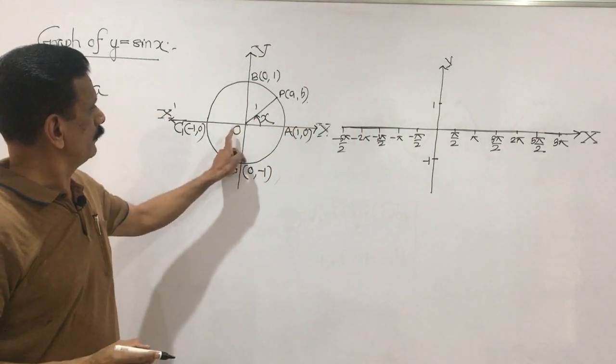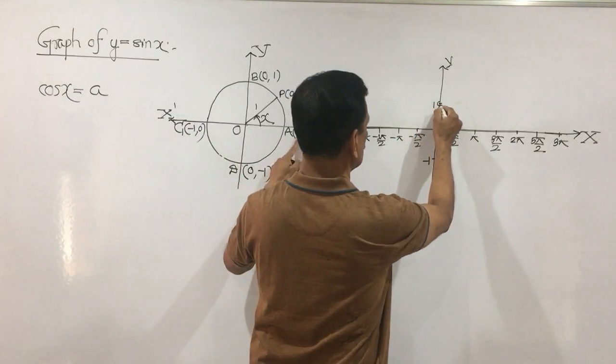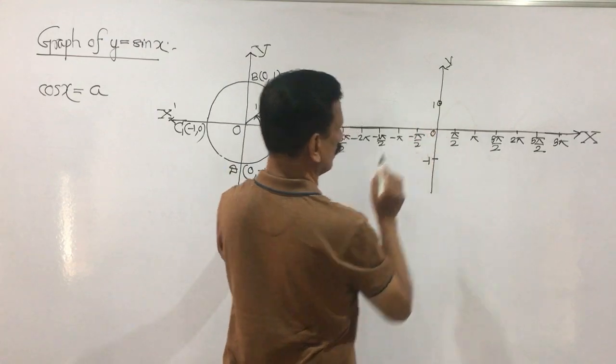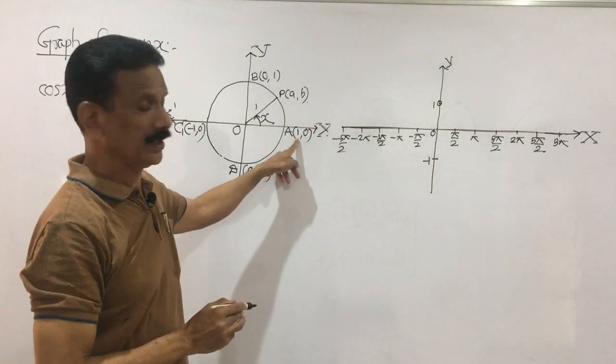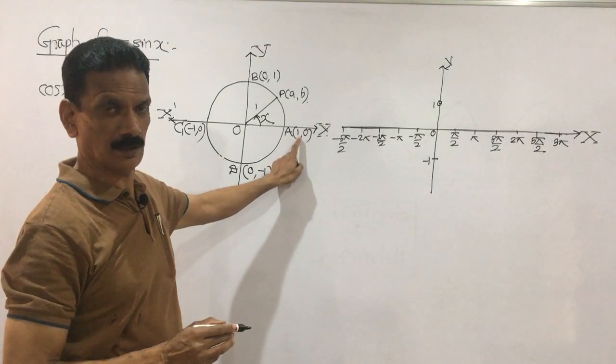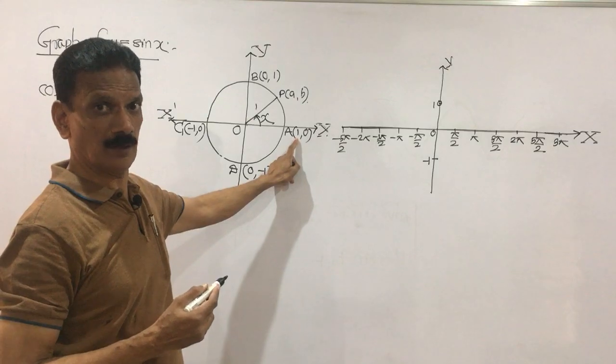Okay, so when we have 0, the value is 1, means I put this point here, because when x is 0 means origin, and the y coordinate you are getting is 1, because a is 1 here.